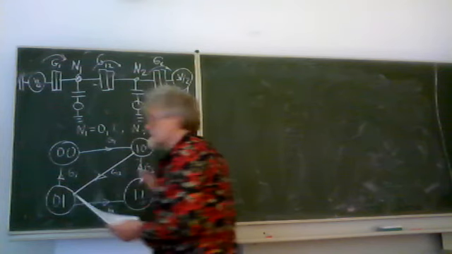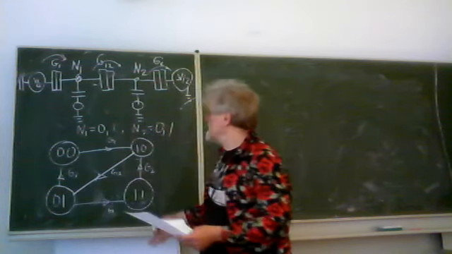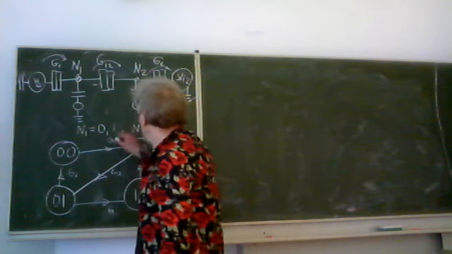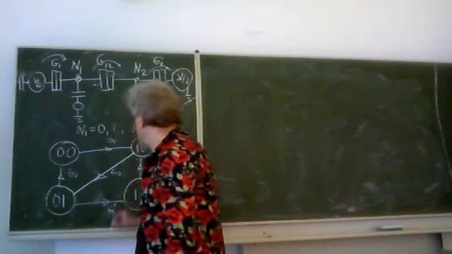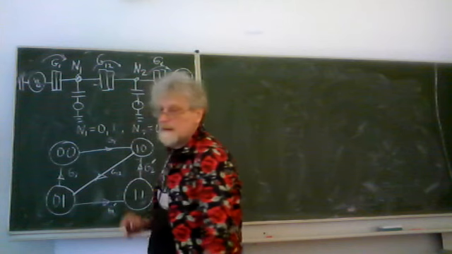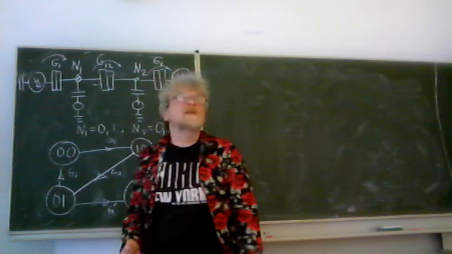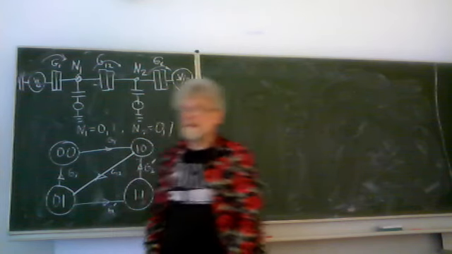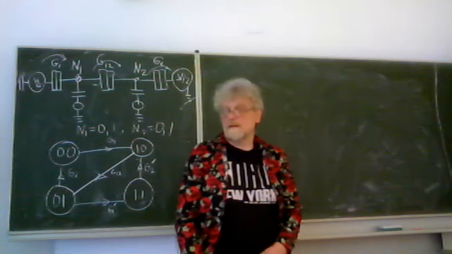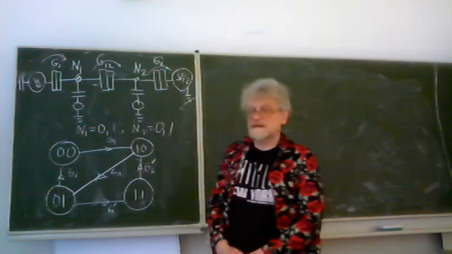Again, the rates here may be different because the presence of the second electron essentially changes energy differences. So let me indicate this fact with a prime. So put prime here, prime here. Now we are ready to write master equation, and I'm afraid I don't have time to go much longer with this.